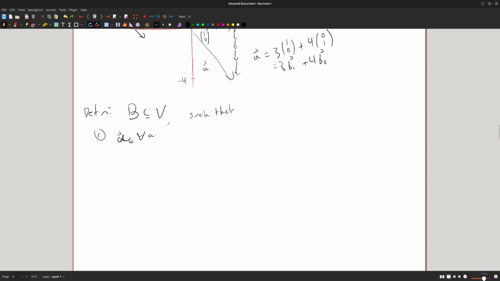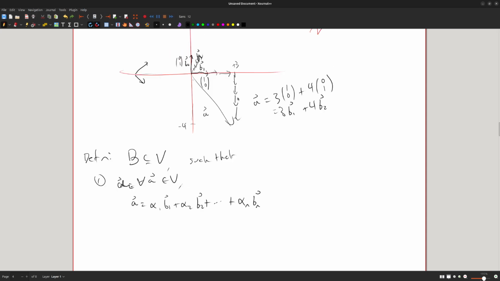So for all vectors in your vector space, you must have it be a linear combination alpha 1 B1 plus alpha 2 B2 plus dot dot dot plus alpha n Bn, a linear combination of elements in your basis. So here alpha i are all real numbers, and Bi are all elements of your basis.